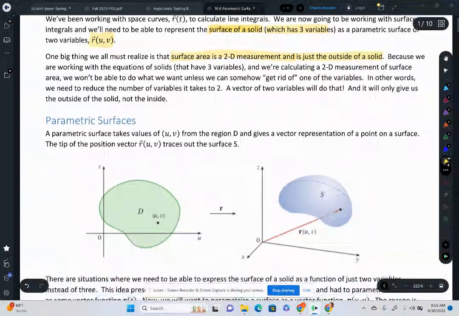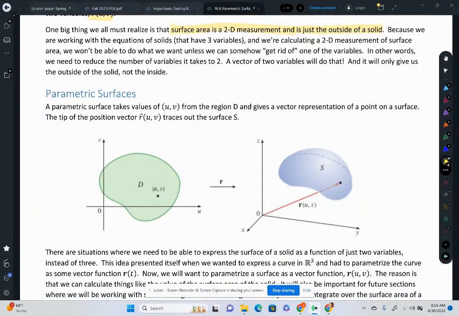So here's kind of what's happening after we parametrize. What a parametric surface or a parametric vector, R of uv, does is it's going to take points uv from some domain. Okay, and notice that that domain is a two-dimensional domain. And what it's going to do is take all those values uv from that domain, plug them into a vector, and that vector is going to literally shoot out points on the surface.